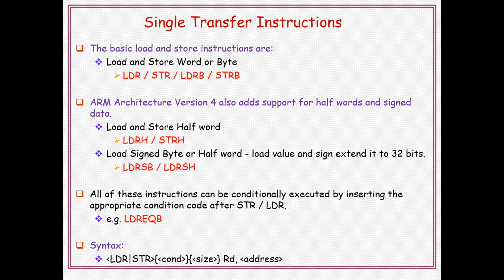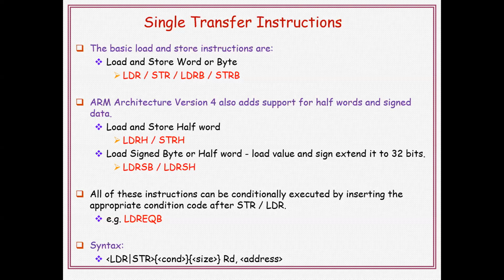And next, ARM architecture version 4 also adds support for half words and signed data. So load and store half word instructions are LDRH, load register half word, and STRH, store register half word.